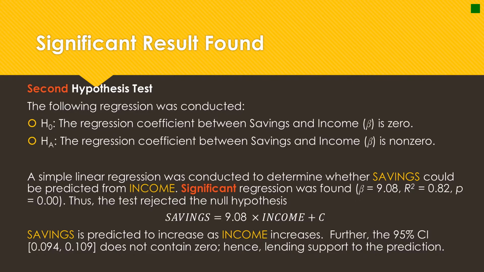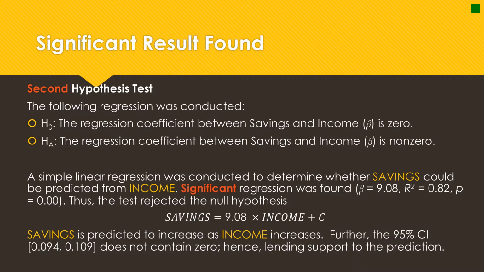Again, we put the values in PSPP software, we analyzed the data, and we stated the null hypothesis: the regression coefficient between savings and income is 0. The alternative hypothesis says the regression coefficient between savings and income is non-zero. We put the values, analyzed the data, and found a simple linear regression between savings and income.